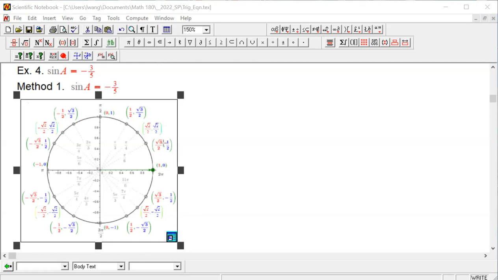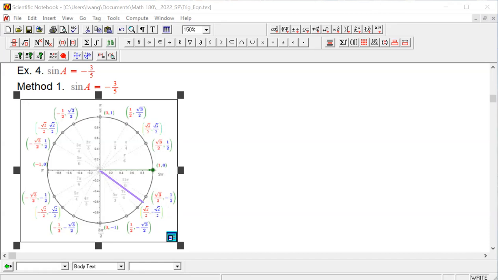It's -3/5, so it's going to be in the third quadrant and the fourth quadrant. We have -½ here and -√2/2 here, so -3/5 is somewhere in between.